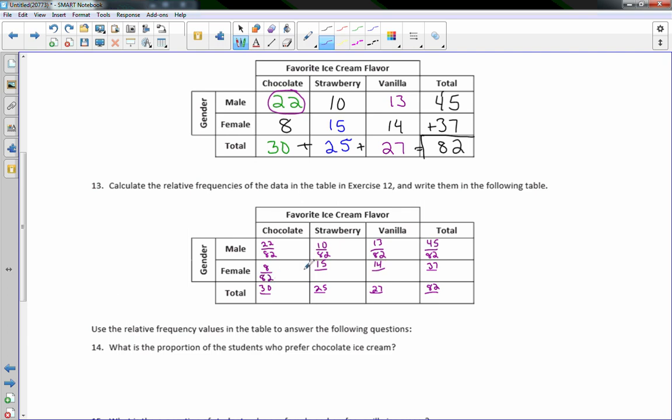So it's 8 out of 82, 15 out of 82, 14 out of 82, 37 out of 82, 30 out of 82, and you get the idea. Okay, this one's easy. 82 out of 82 equals 1. So 1.0 is my 100% of the group is the 82, or 100%.